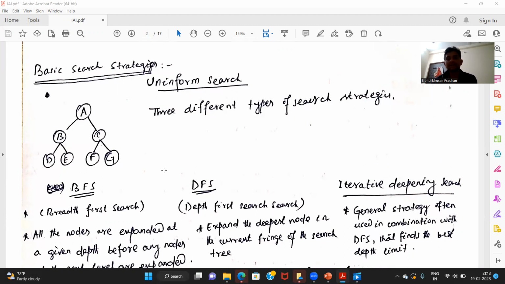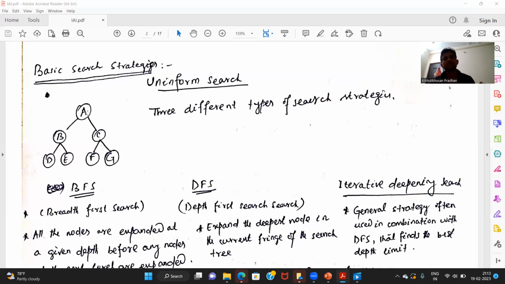So artificially, it is intelligence. That means we will be given one source node or initial state. This is a graph, and in this graph, A is my source node or initial state. Take a practical example: you are traveling from a source to a given location or destination.